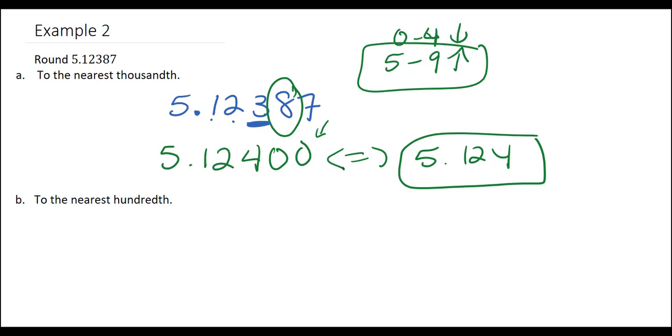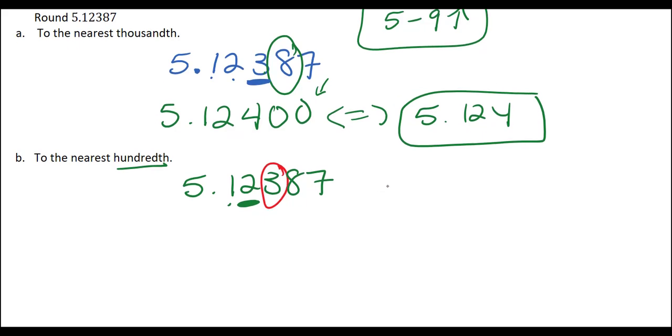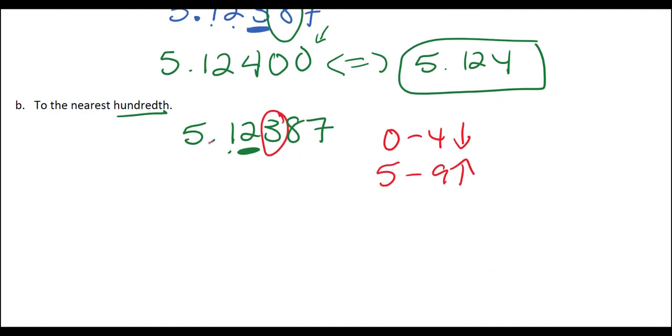Now if we round this number to the nearest hundredth, we have tenths, hundredths, so we underline that and circle the digit to the right of it. 0 to 4, we round down. 5 to 9, we round up. This 2 gets rounded down because the 3 indicates that to us, so we round it to 5.12.